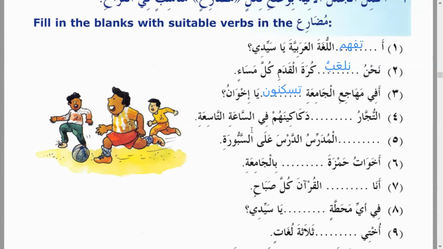Next one. التجار يفتحون دكاكينهم في الساعة التاسعة. Translation: the traders dash dakakin. Dakakin, dukkan. The plural is dakakin. Shops. The dakakinahum fi saat tasi, at 9 o'clock. Opened, yes.